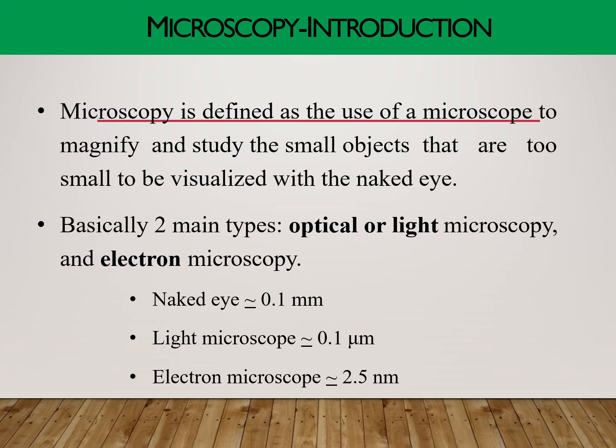So clearly, with electron microscopy we can see the smallest areas and portions of various cells.